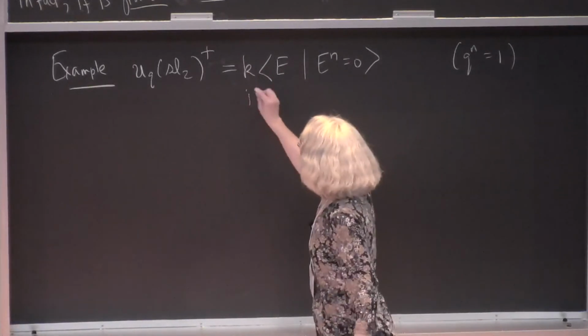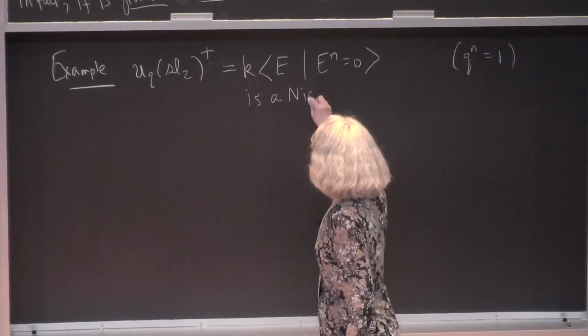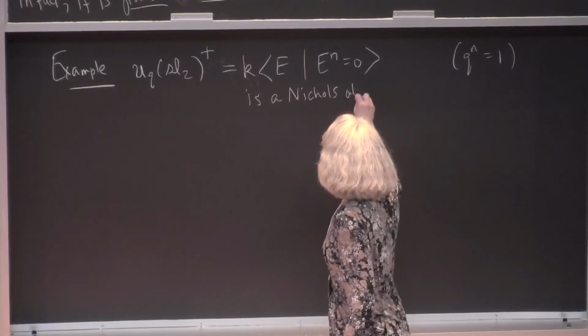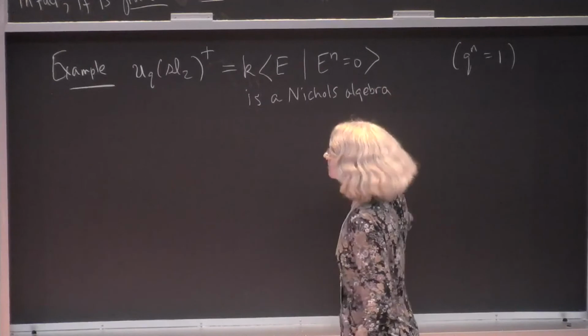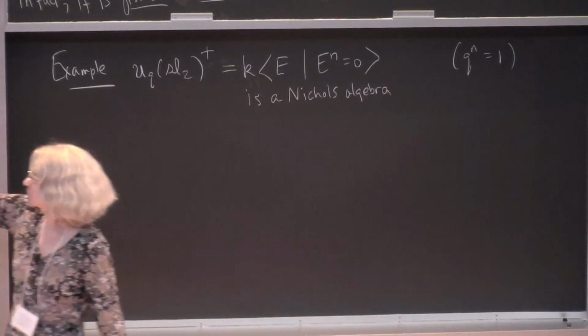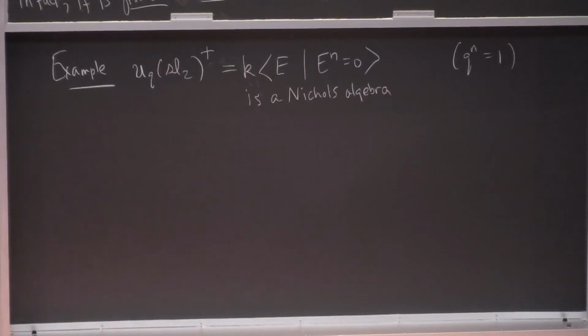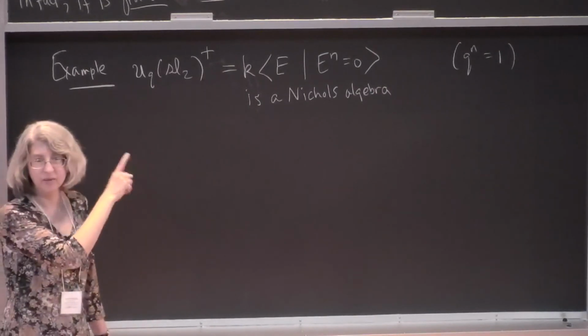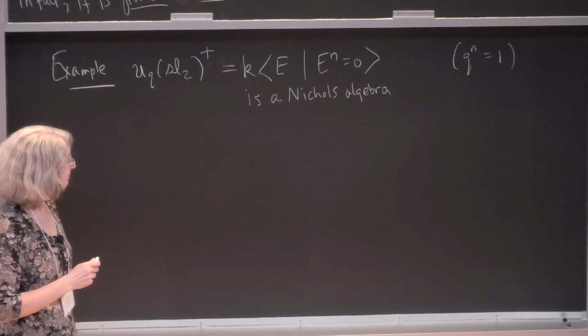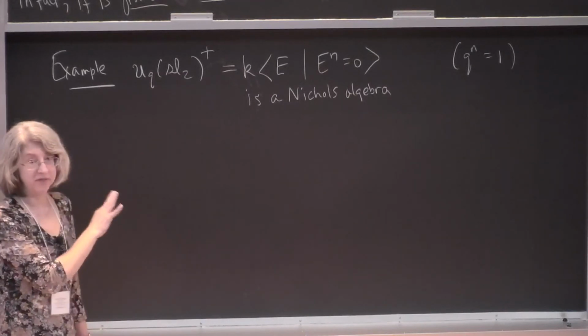This is a Nichols algebra. You need to take a particular vector space. The group is going to be a group of order n, acting on it by multiplying by q. But that's a Nichols algebra, so that's an example.